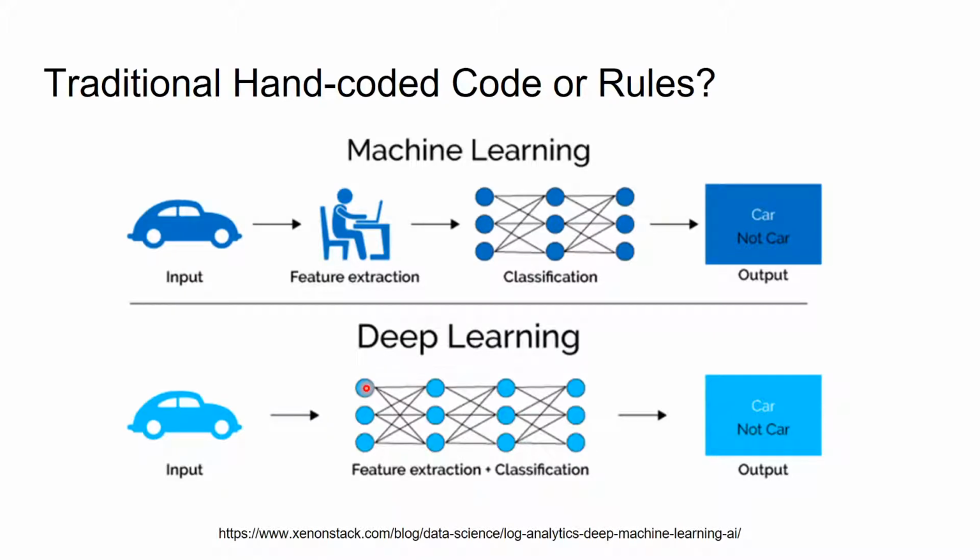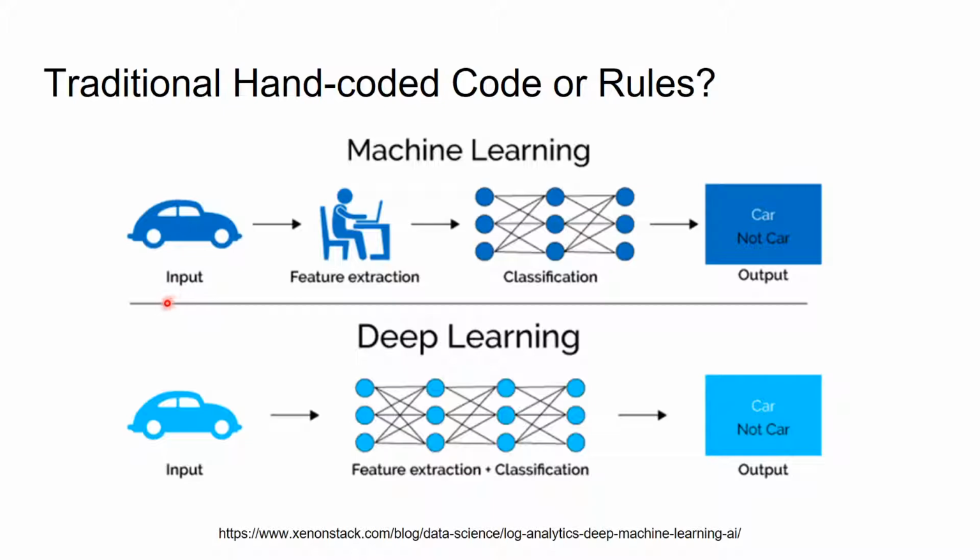And here is the figure that shows the difference between machine learning and deep learning. We can see in the upper figure, if we put in a car, we need to extract the features from the car, and then we tell the computer, and the computer will see that a car means it has 4 wheels, or an engine, or 4 windows, and so on. These features are given by humans, so it is all controlled by humans.